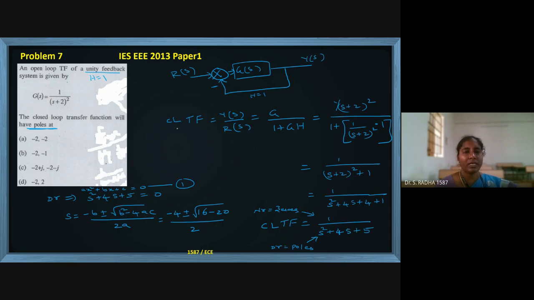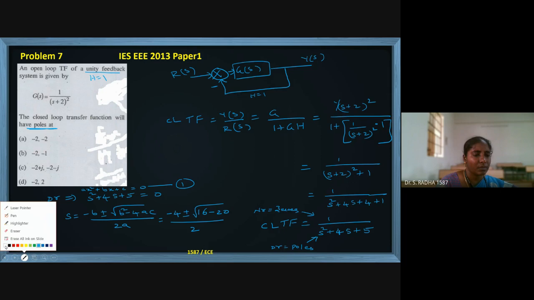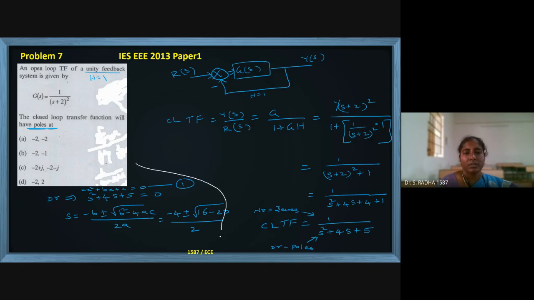This is step 1. In step 1, we have calculated the closed loop transfer function. This is step 2. From step 2, we are trying to find the value.